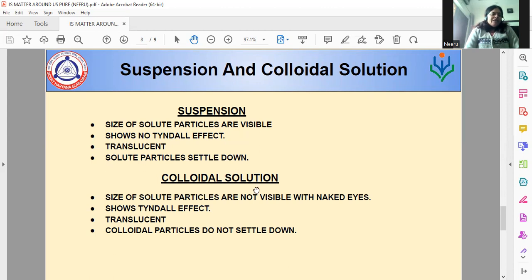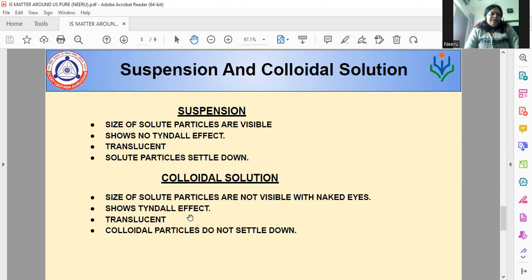Another is colloidal solution. In a colloidal solution, you can't see solute particles with your naked eyes, like milk. You can't see different particles of milk with your naked eye. And here also, although the solution is translucent, the particles are evenly distributed and do not settle down on their own.